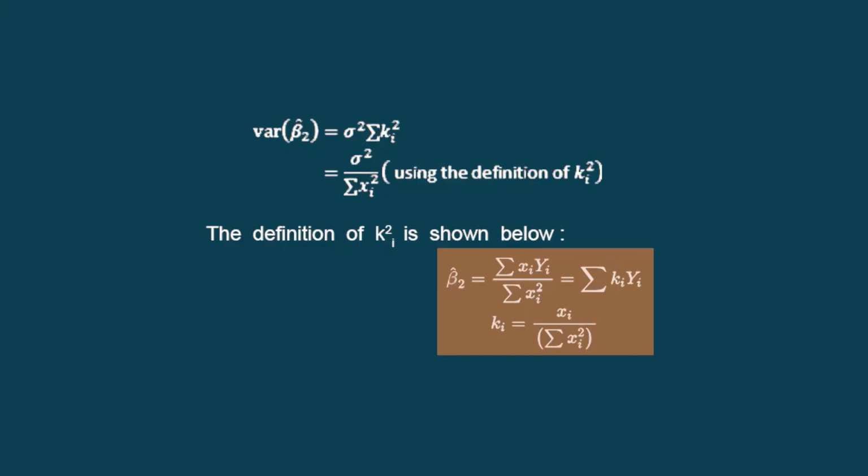So we start with the very basic step, which is that beta 2 hat is summation of ki yi. This is already done in the case of the estimated value of the coefficient, where ki is the weight given by xi by summation xi square, and yi is in capital letter, because this yi was taken from small yi when we derived the property of unbiasedness.